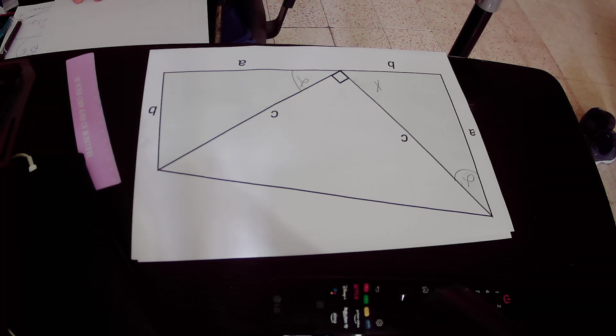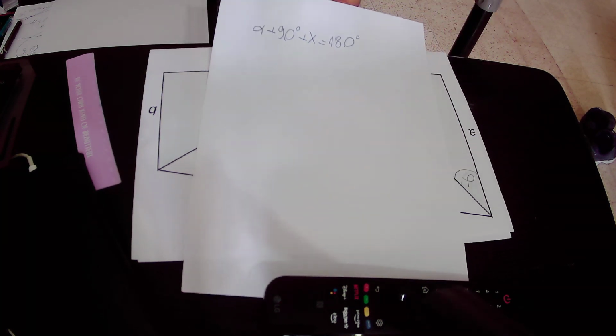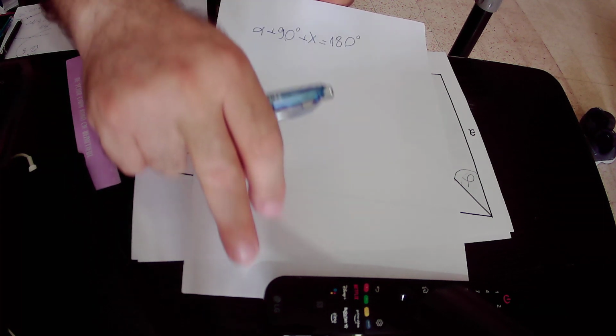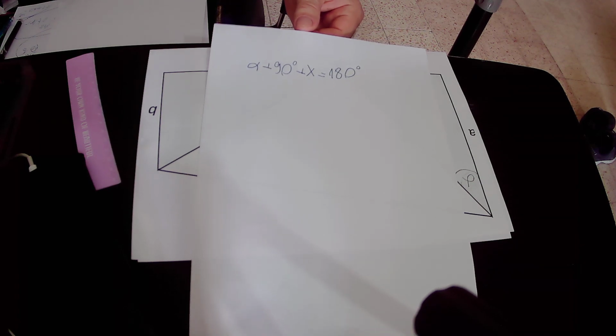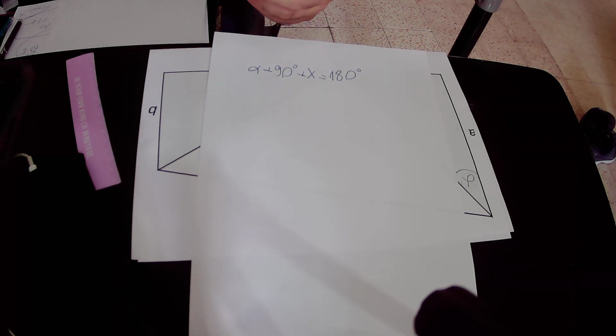It is correct for every triangle in the world. The sum of the angles of every triangle in the world is 180 degrees. So we can say that alpha plus 90 degrees plus x equals 180 degrees.